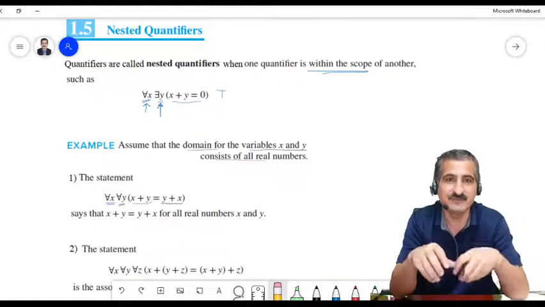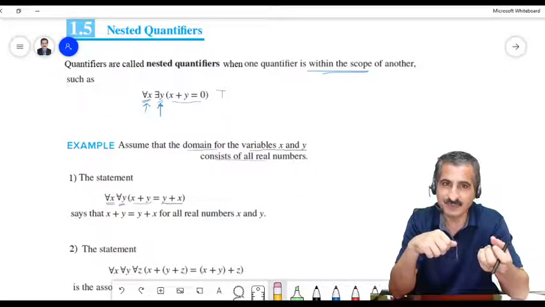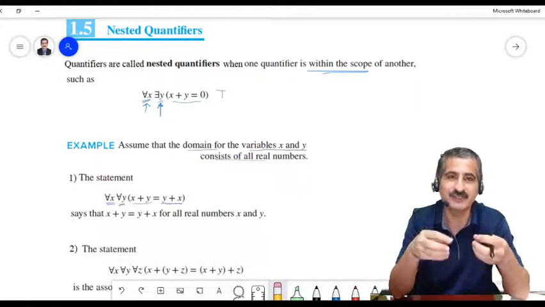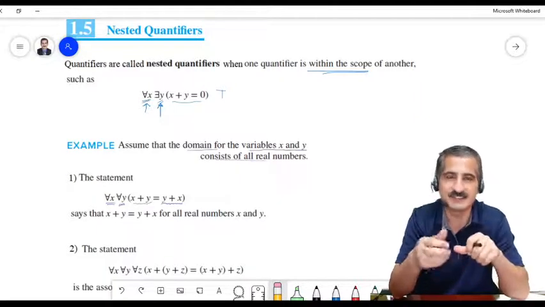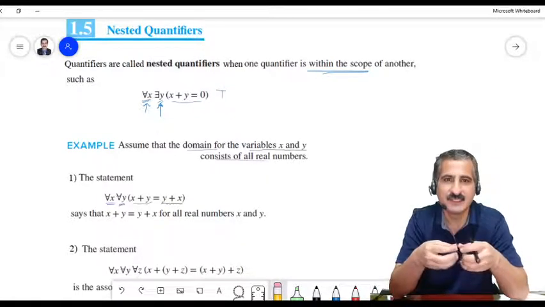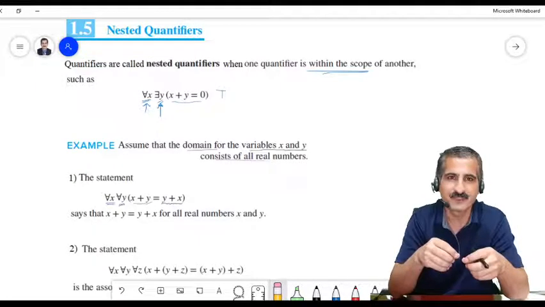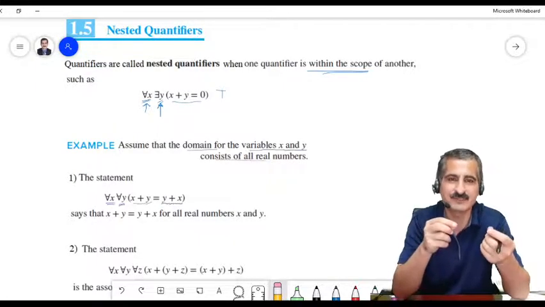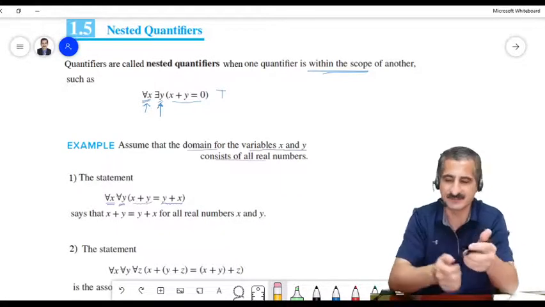So for every two real numbers, x plus y is the same as y plus x. So this statement says addition in the real numbers is commutative. If I add two real numbers, x and y, it is the same as y plus x.